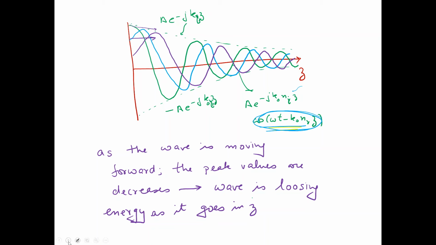So now if you look at the terms, n we said was n_real minus j n_imaginary. And we said that the wave part now looks like A e^(-j k_0 n_real z) e^(-k_0 n_imaginary z).